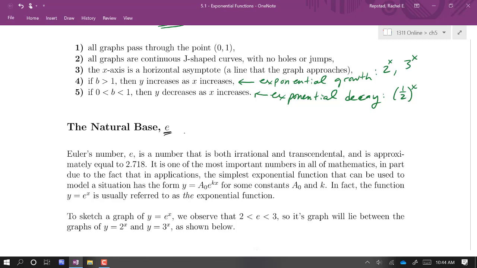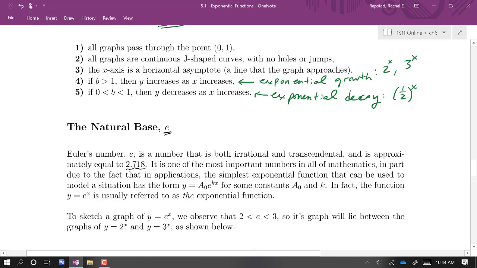So for that reason, we just abbreviate it and call it e. It's approximately equal to 2.718. And it is one of the most fundamental numbers in all of mathematics, with exponential growth or decay applications that occur in nature. You see this base used a lot.